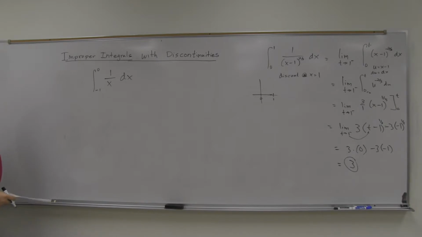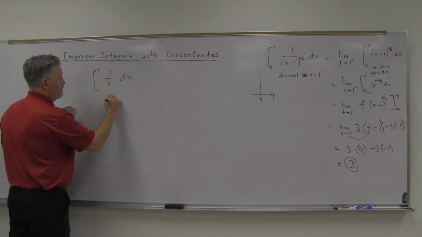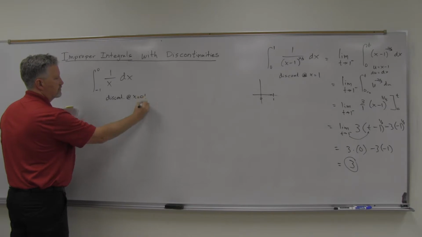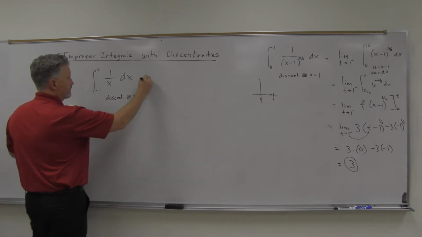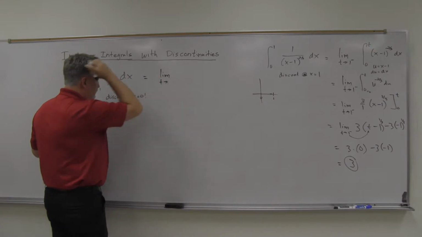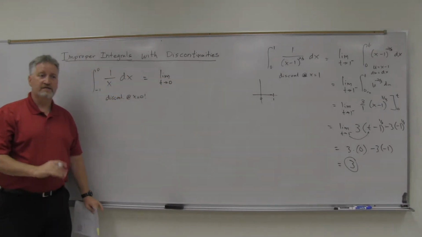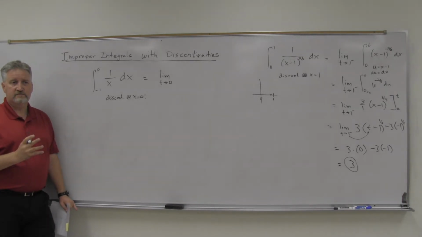All right, so 1 over x, and we're going from negative 1 to 0. So again, 0 is the discontinuity. That's what t replaces. It's the limit as t goes to 0, and I think this is one where it does make a difference. Is that from the left or right of 0?